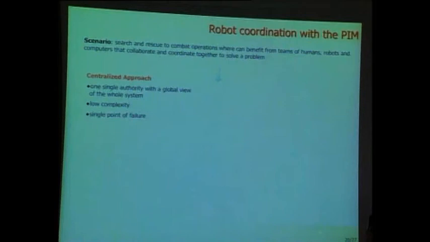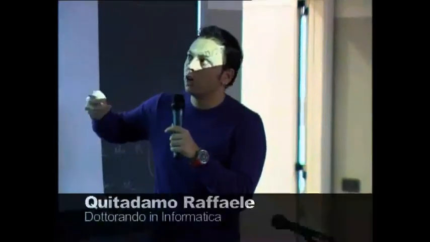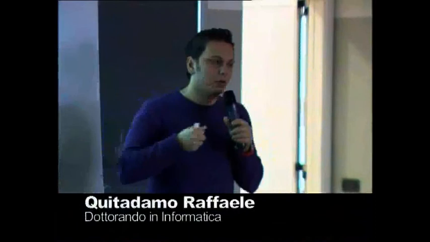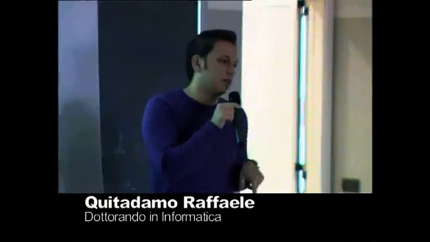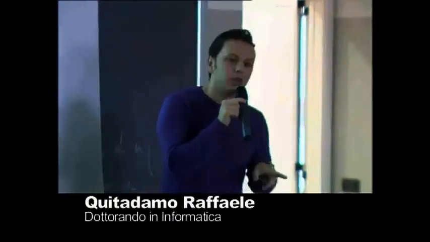The centralized approach means that we have one single authority, which has a global view of the system and can control all the robots in the field and the humans. This means low complexity from the point of view of programmability, but we have a single point of failure, so if the centralized authority fails, the whole system fails.